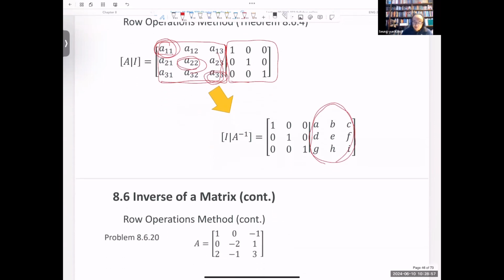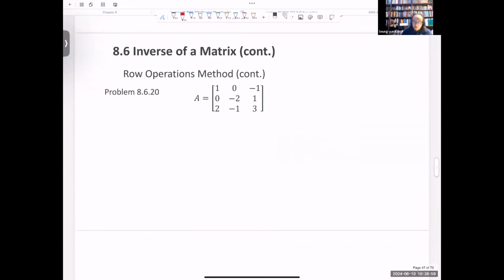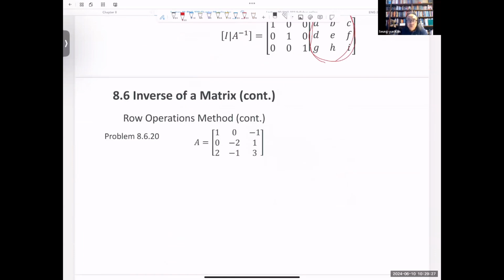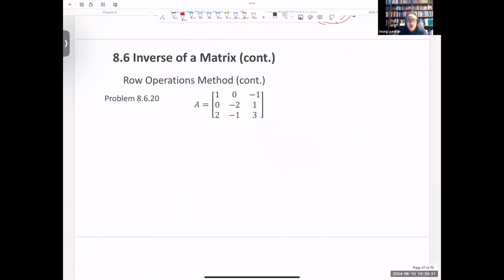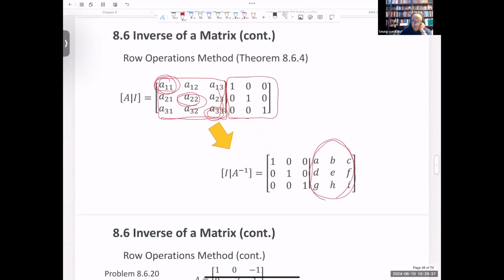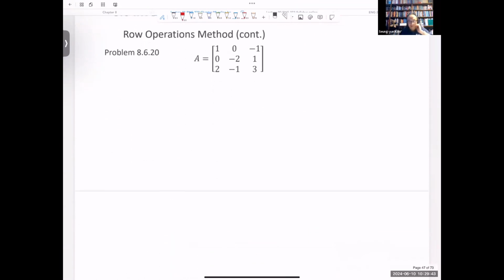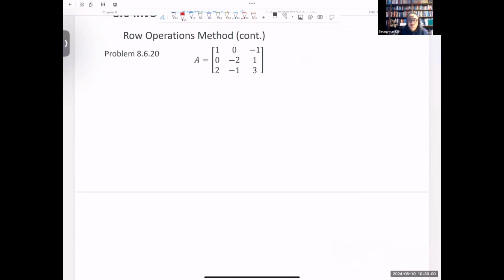And this method is going to be painful, because you have to deal with all the fractions while you're going through. I'll show you what I mean by that. But when I ask you to find the inverse matrix, you can go with the other method. You don't have to do row operations. But this is a good review for the Gaussian elimination method.